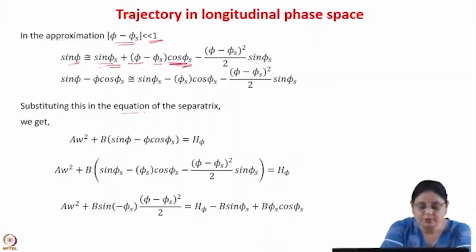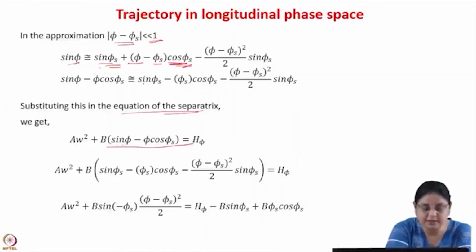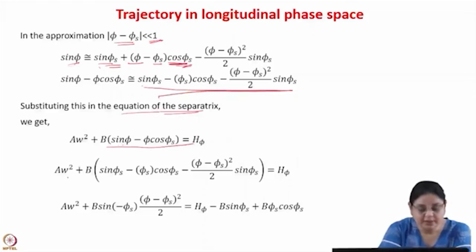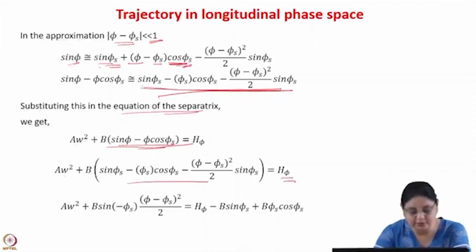Now we can substitute this in the equation for the separatrix. So this is the expression for the separatrix. We get sin phi minus phi cos phi s. Instead of that, we can write this value. So we get A w square plus B, and now we have substituted this value. This is equal to H phi.